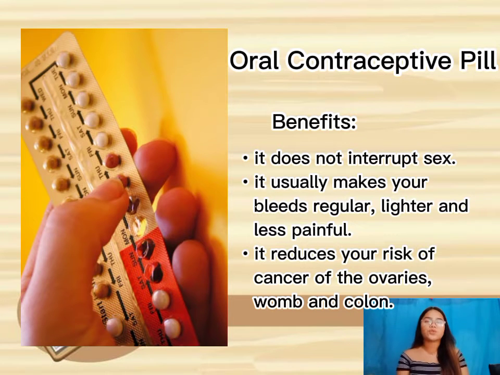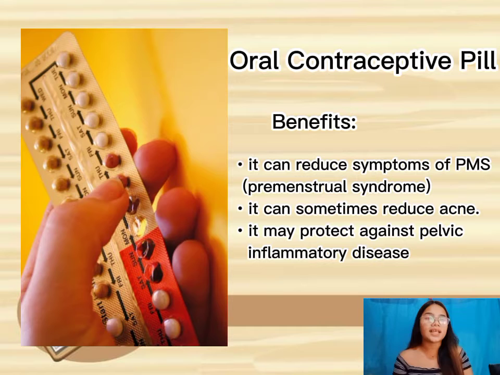Third, it reduces your risk of cancer of the ovaries, womb, and colon. And the fourth, it can reduce symptoms of PMS or premenstrual syndrome. Fifth, it can sometimes reduce acne. And sixth, it may protect against pelvic inflammatory disease.